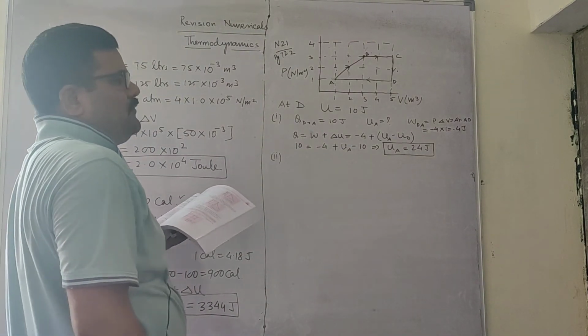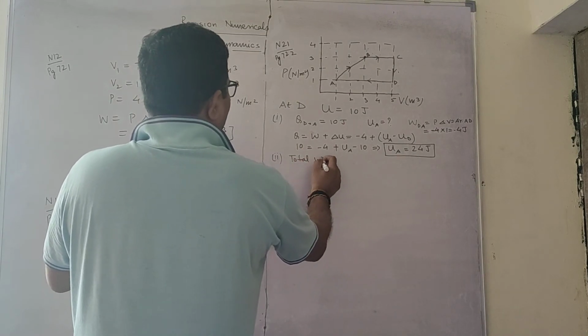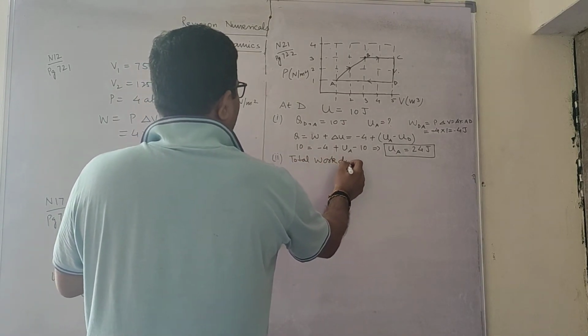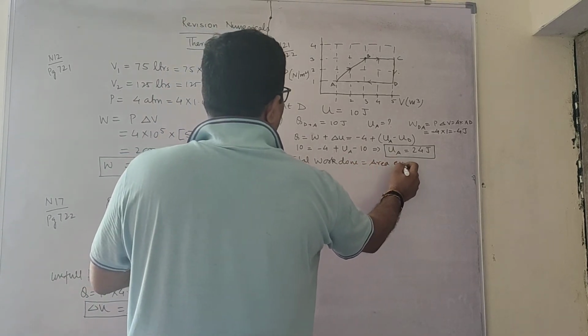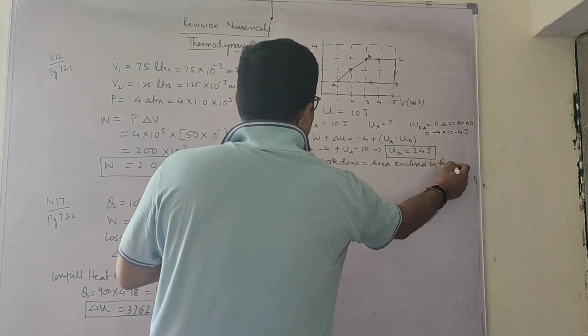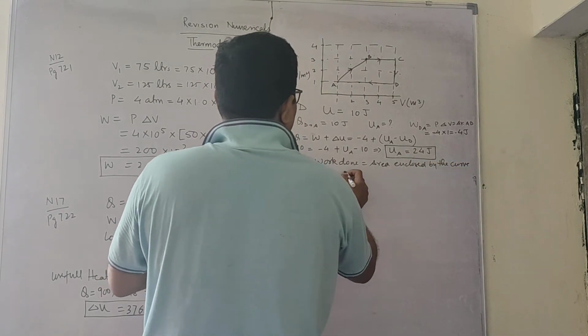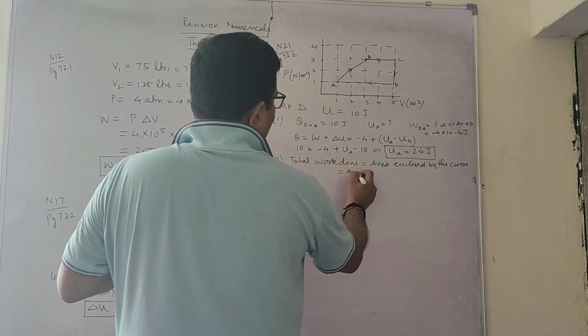You have read in PV curve that total work done is equal to area enclosed by the curve, PV curve. So area enclosed is area of trapezium.